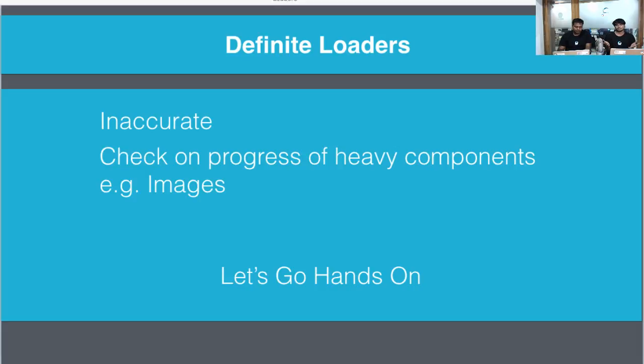Once the first image is loaded, you can increase the progress bar to 10%. Once the second one is loaded, you can increase it to 20%. That's how you go on until 100%, and your site is loaded.